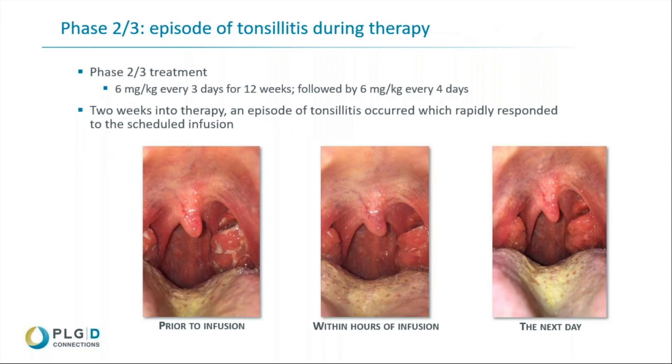Two weeks into the IV plasminogen therapy, she experienced an episode of tonsillitis, which rapidly responded to the scheduled infusions. Looking at the slides from left to right, one can appreciate significant improvement within hours after infusion and near complete resolution by the next day.